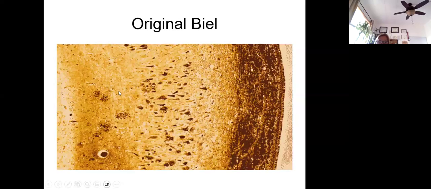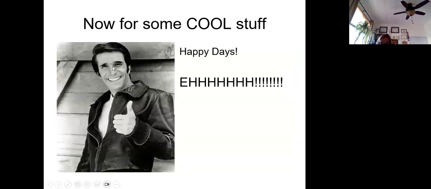The original Biel doesn't really darken the neurons, the actual axons of the neurons. You can sort of see right here, they remain sort of a brown color, as opposed to a dark black color. So that Munger is much easier.